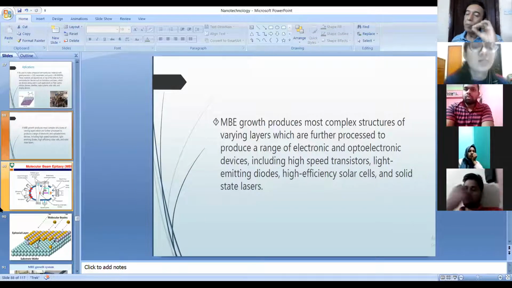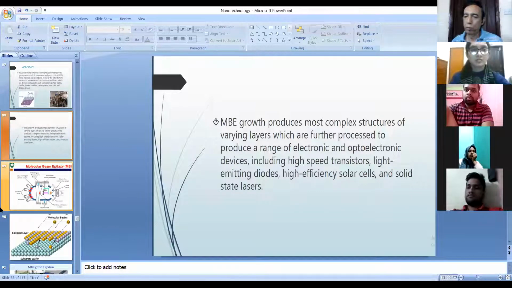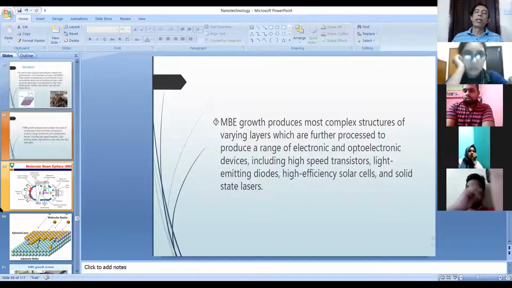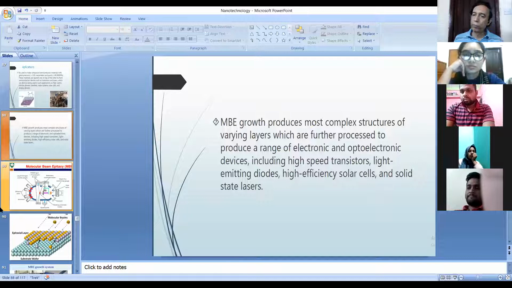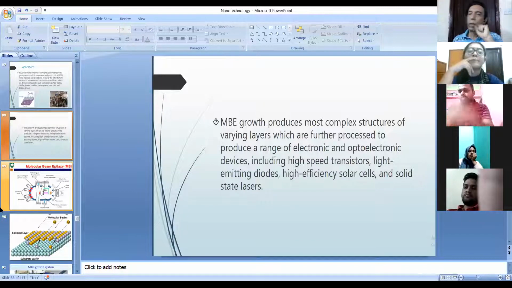So bulk materials are not that pure. Say, for example, it is 99.999% pure silicon. But your thin film is more pure than your substrate. This is one cause.